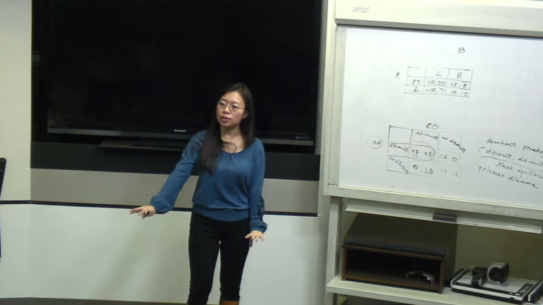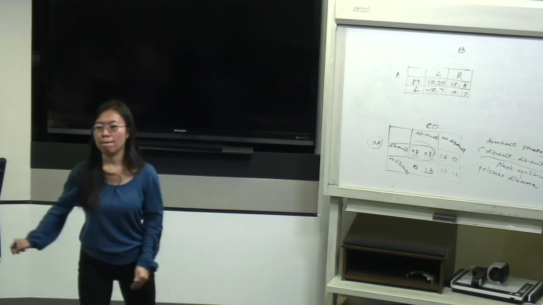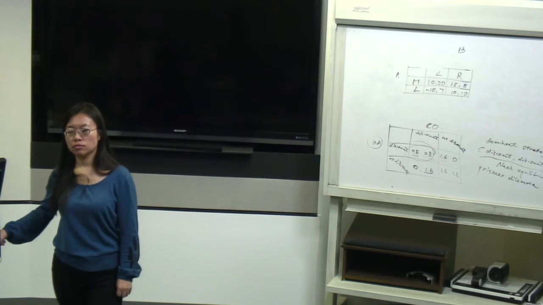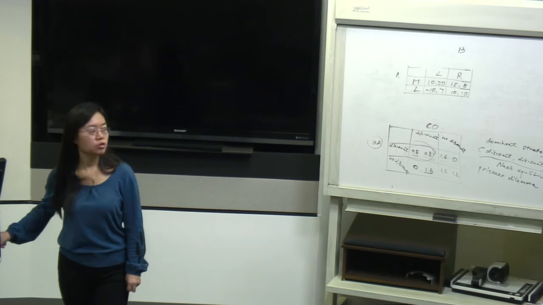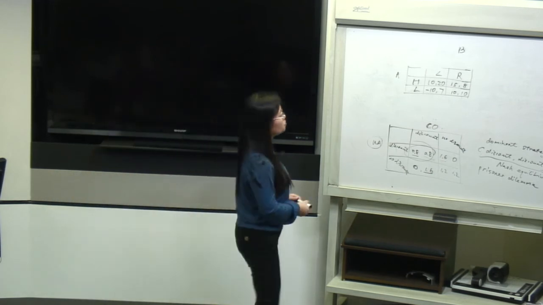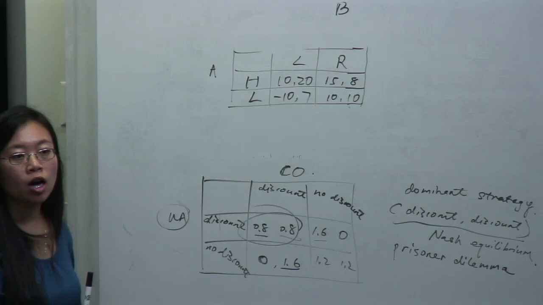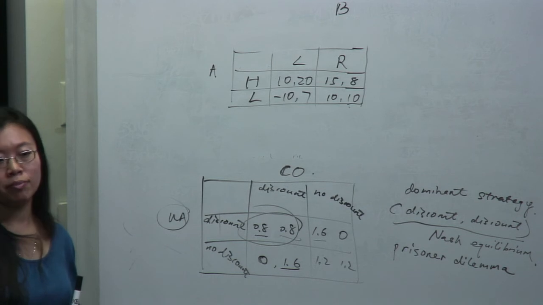Which means no matter how B plays, there's always the same best strategy for player A. So no matter how B plays, is there always the same best strategy for player A?